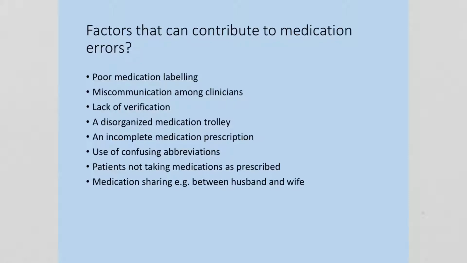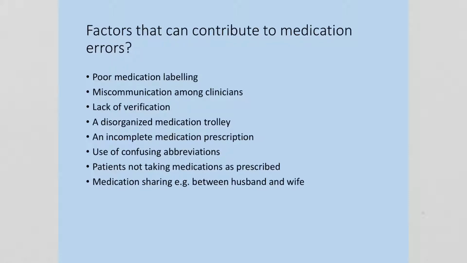We know that patients may take part of a course of antibiotics, feel better, and then not take them anymore. So they may not take them as prescribed, or if they have emotional or memory difficulties, they may not be able to fully understand how to take them properly. They may need some help, dosette boxes, for example, to help them to take medication more accurately. And medication sharing, not just between partners, husband and wives, but between neighbours.